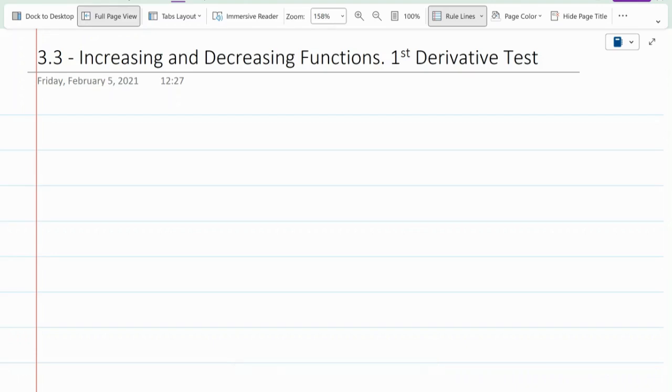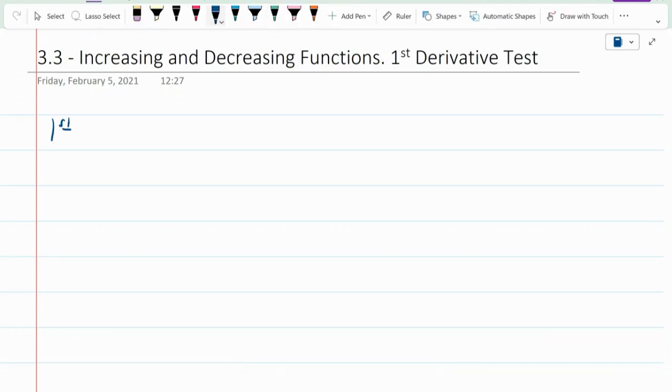This lesson is meant to formalize the first derivative test for increasing and decreasing. The first derivative test is more appropriately thought of as a sign test.